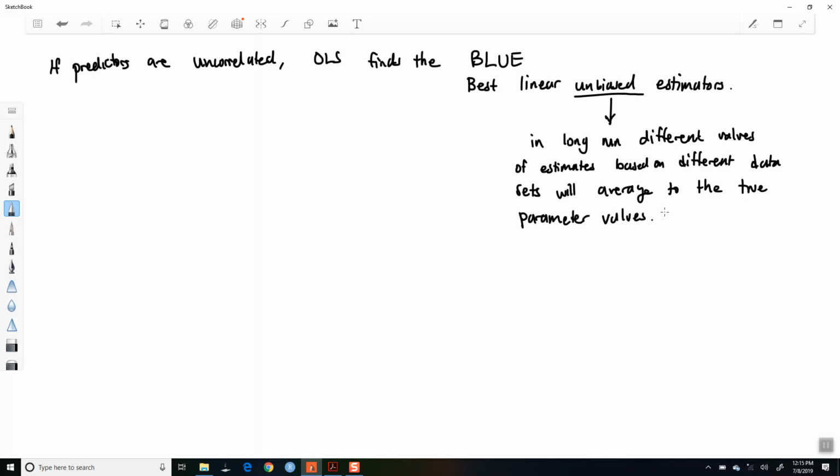OLS will, in the long run, always average out to the true parameter values. And then what does it mean for the best part? The lowest amount of variance in the estimators.